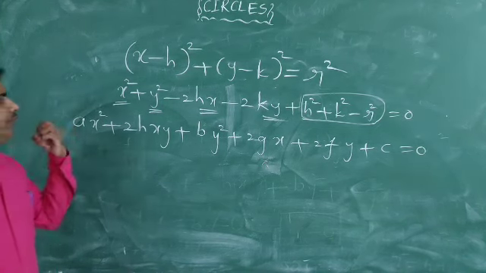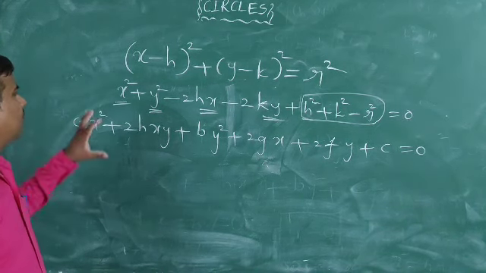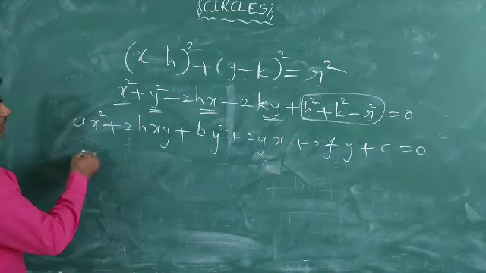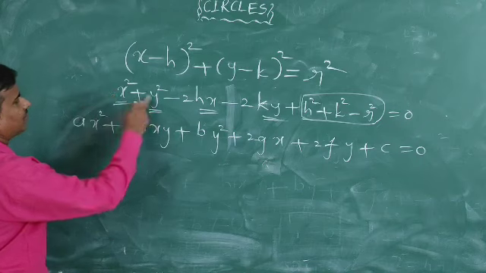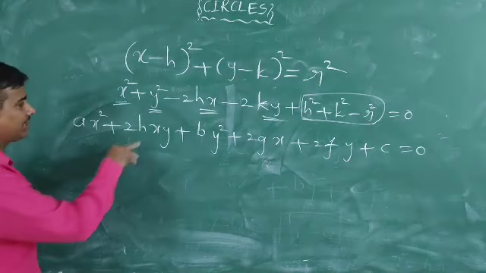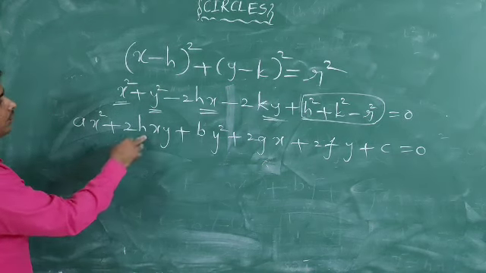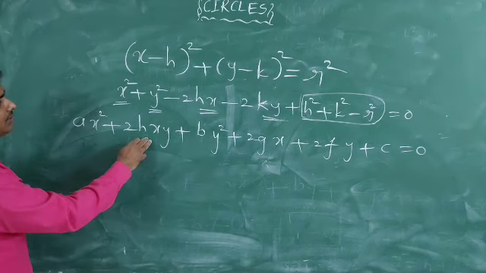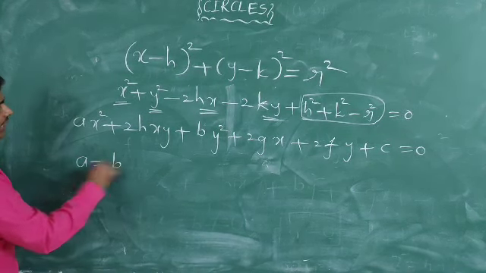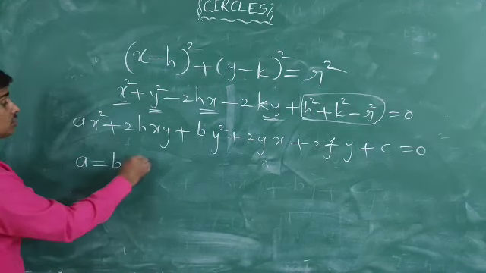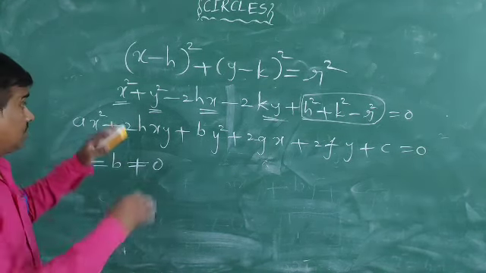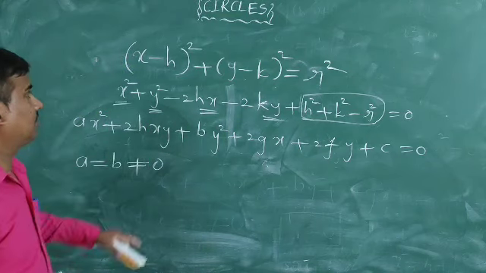If you want to compare these two well, a must be equal to b, because the x² coefficient and y² coefficient are equal, and here there is no xy term, but there we have an xy term. To omit this term, h will be equal to 0. The first condition, a must be equal to b, and it should not be equal to 0, because the x² and y² terms must remain in the equation.